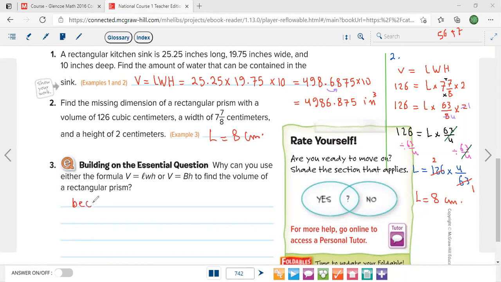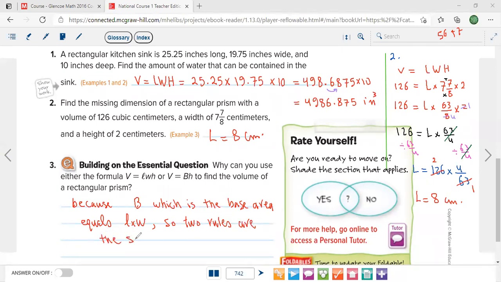Because B, which is the base area, equals L times W. So two rules are the same.